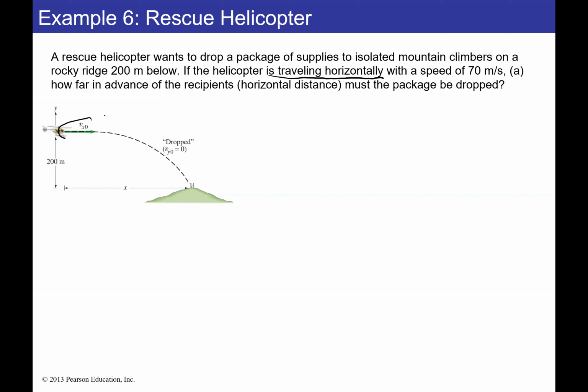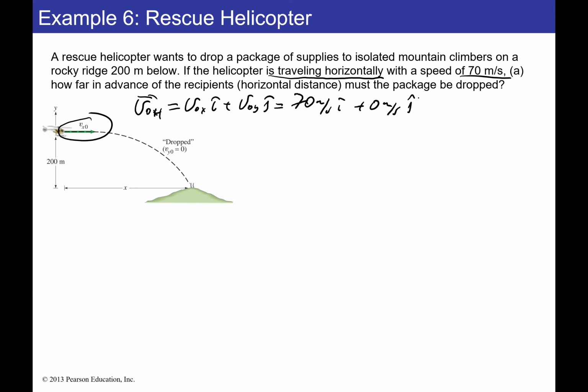That means this is the velocity of the helicopter, which is 70 meters per second. So we have the initial velocity of the helicopter, with H for the helicopter, which is the initial x component times i hat plus the initial y component times j hat. And we are given this as 70 meters per second i hat plus 0 meters per second j hat.